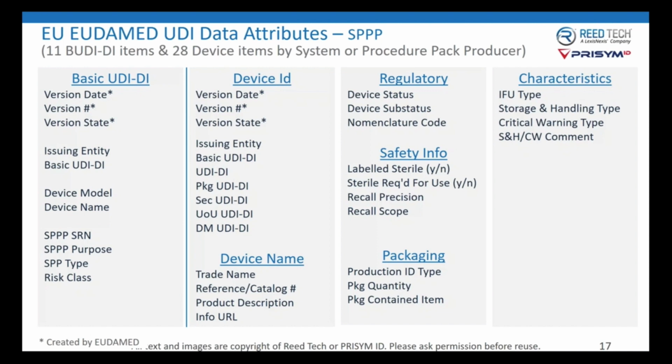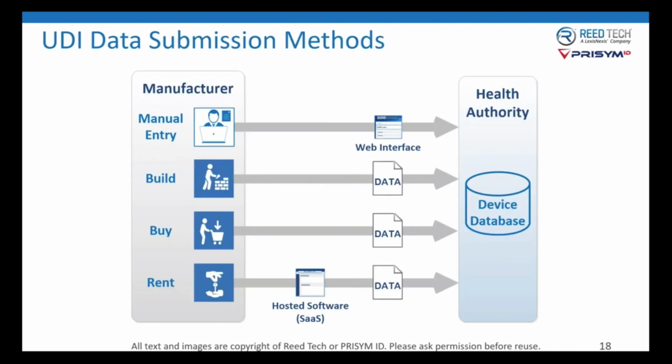If you remember, one of the other requirements on that set of regulations for UDI was to submit the data to UDIMED. So this is a generic diagram of submitting data to a health authority. Most of them that we have encountered do have a web interface. So one of your options is to do manual entry. Go to the web interface and manually enter the data.